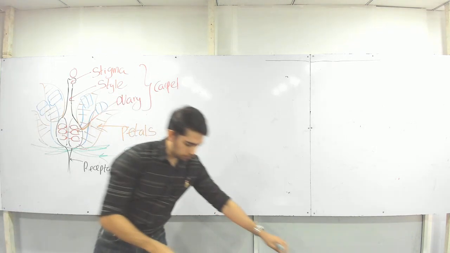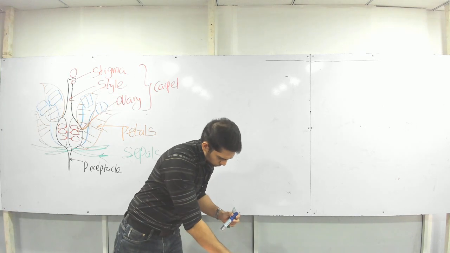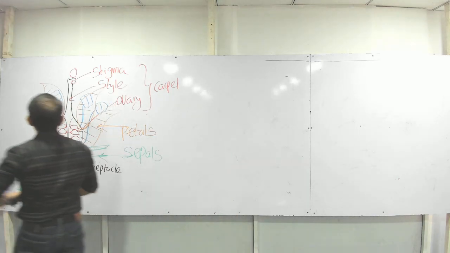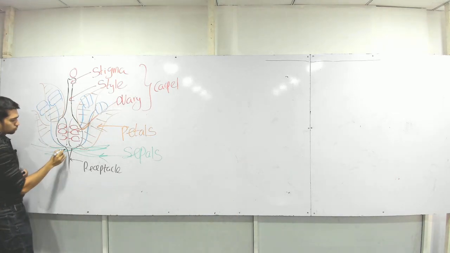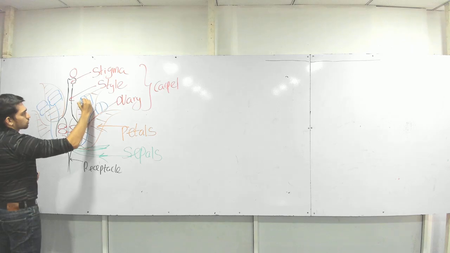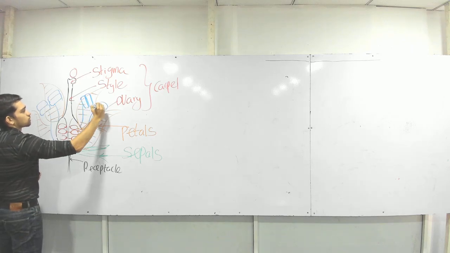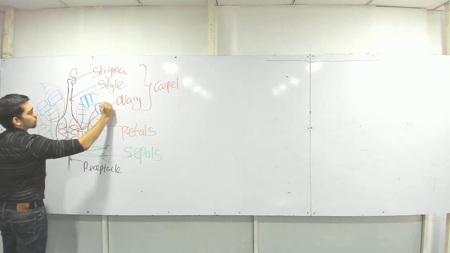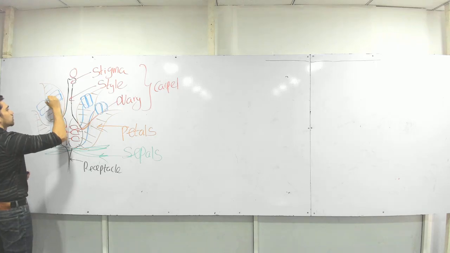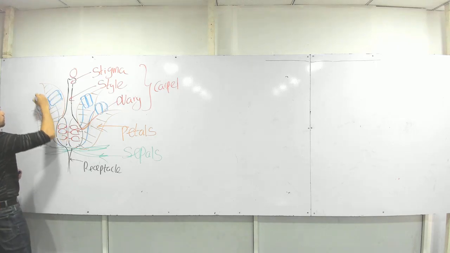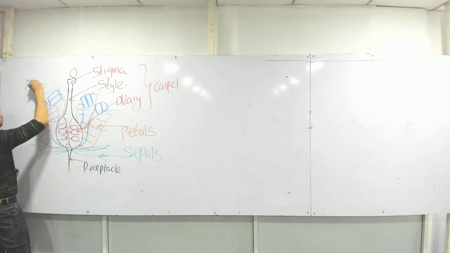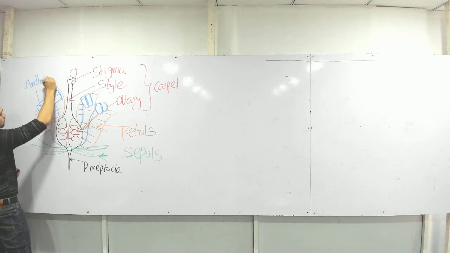Then we get to the male parts. Male parts actually only have two components. This top expanded part is called anther. Anther.